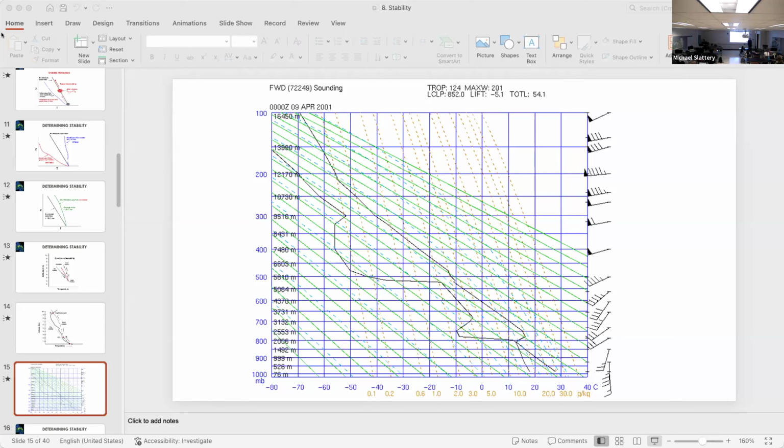A lot of this is hypothetical. Audrey's not enjoying hypothetical games. What's going on here, right? The black line is the actual increase in temperature with height. The black line to the left is the actual dew point. This red line is what an air parcel would do from the surface vertically. How would we describe stability of our parcel from the surface?